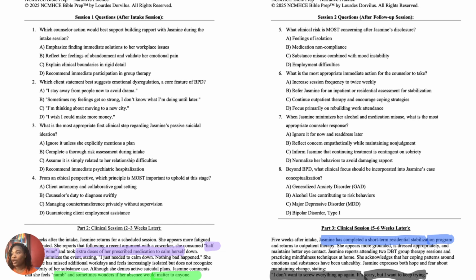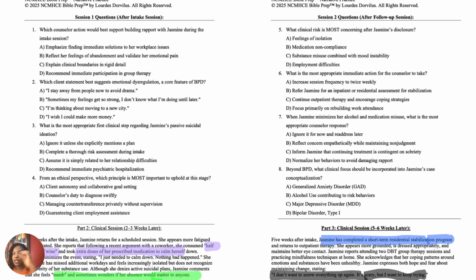And I also want to emphasize that although a client may have passive thoughts, such as wondering how life would be easier if they weren't there, and witnessing frequent arguments and physical violence between her parents, we have to understand that risk remains a concern for her because of her passive suicidal ideation and her emotional volatility.